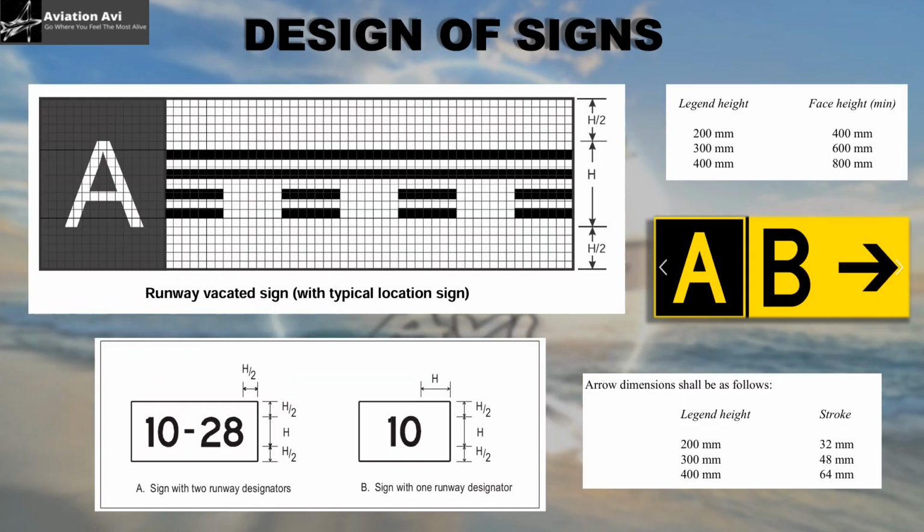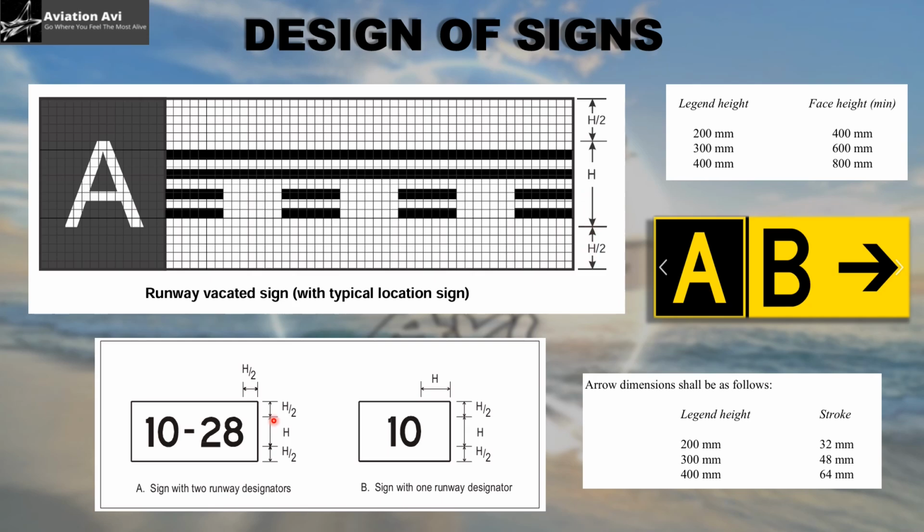Now further, in order to understand the total face width, if this is the total height of the character that you see here, the space between the border is half the height, and below also you give a space of half the height. The total height of the signboard becomes twice the height of the character.